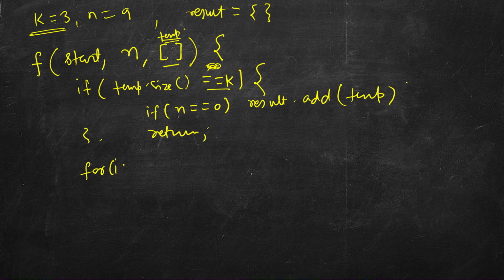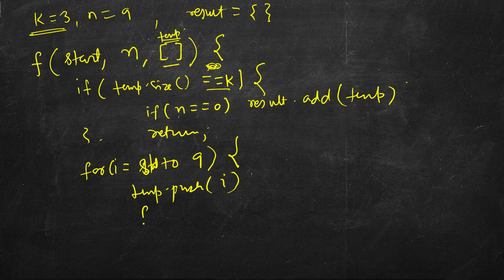Otherwise, for I equal to start to 9, temp dot push I, then f start plus 1, n minus I, and temp, and then temp dot pop.